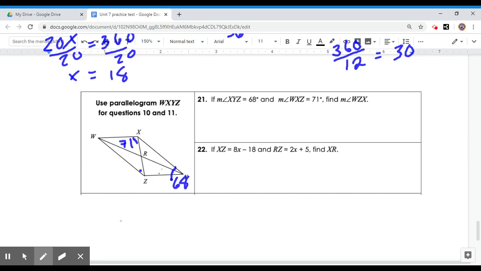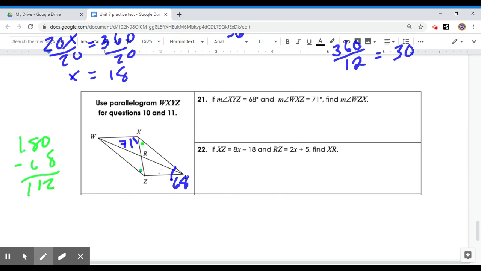All right, so let's take some logical steps here. If we have this as 71, I want to find this because that is the same as this. Those two are the same because they're alternate interior. I know that 68 and this whole angle are supplementary. So 180 minus 68 equals 112.